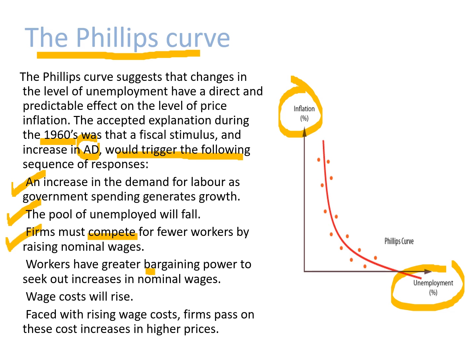Workers have greater bargaining power to seek out increases in the nominal wages, wage costs will rise, and finally, faced with rising wage costs, firms pass on these cost increases in higher prices.